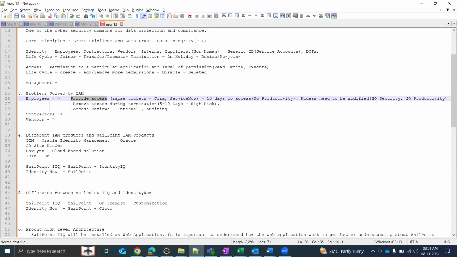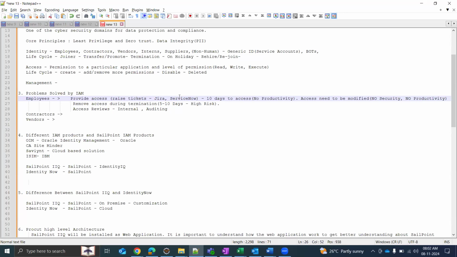In order to provide that access, we basically have some ticketing tool, or we may need to write an email to that particular application team. Or your manager has to drop an email or raise a request for you saying that this so-and-so person joined the organization, and the person may need access to system credentials, email ID and ServiceNow. Once the email is sent or the request raised, it is assigned to someone.